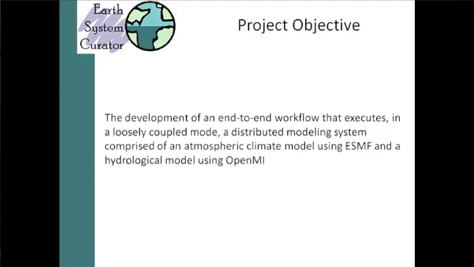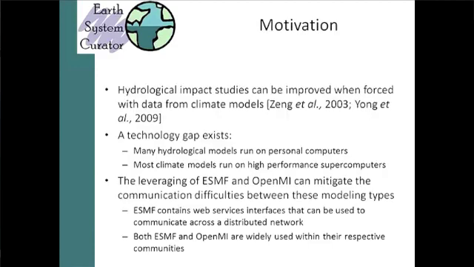So to get started, the primary objective of this project was to be able to couple a hydrological model and an atmospheric model in a loosely coupled distributed manner, taking advantage of some of the existing standards and frameworks such as ESMF and OpenMI. And I'll get into those in a bit. Our primary motivation for doing this work was to improve hydrological studies by using data from global and regional climate models when running the hydrological models.